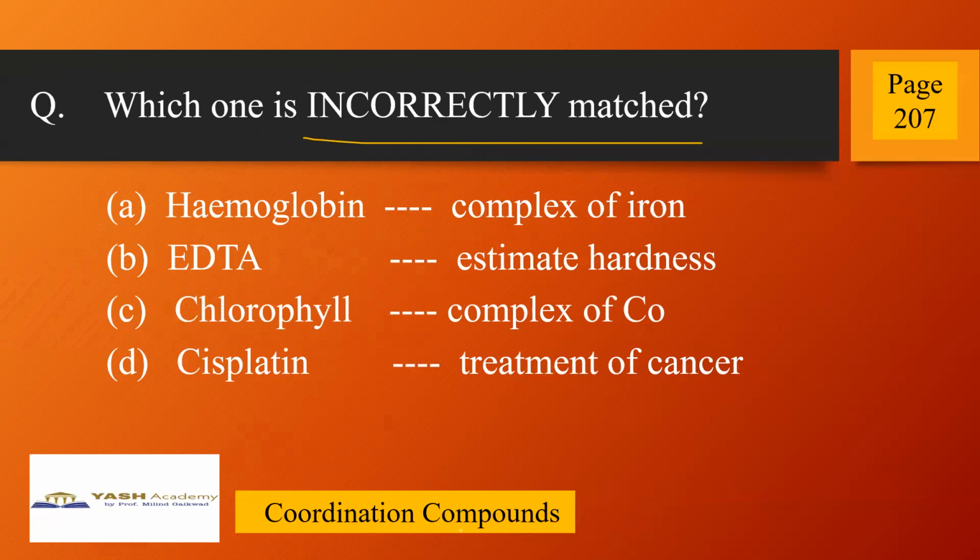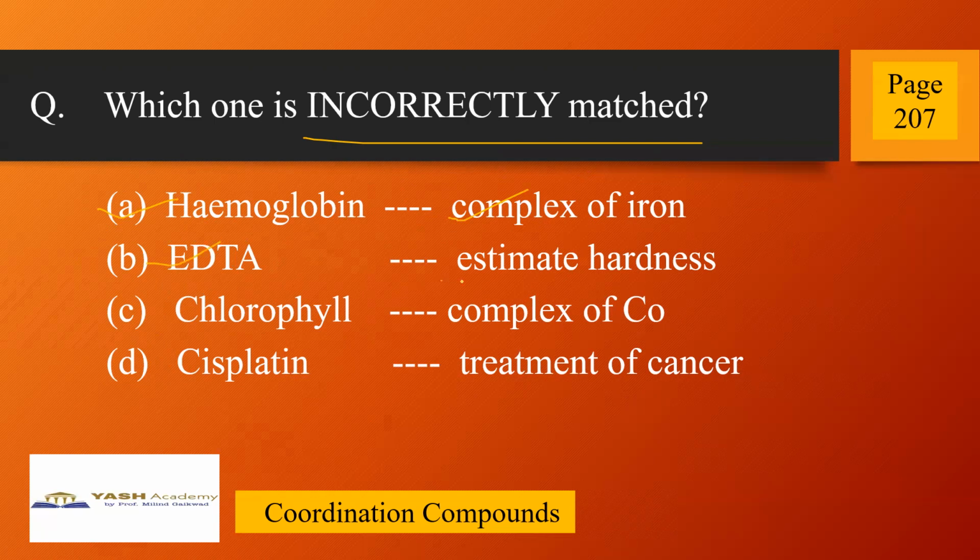This question is from coordination compounds on page 207. Hemoglobin, complex of iron. EDTA, estimate hardness. Chlorophyll, complex of cobalt. Cisplatin, treatment of cancer. If you observe carefully, hemoglobin is a complex of iron.